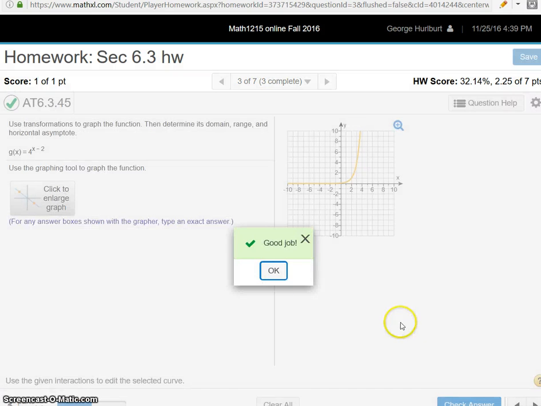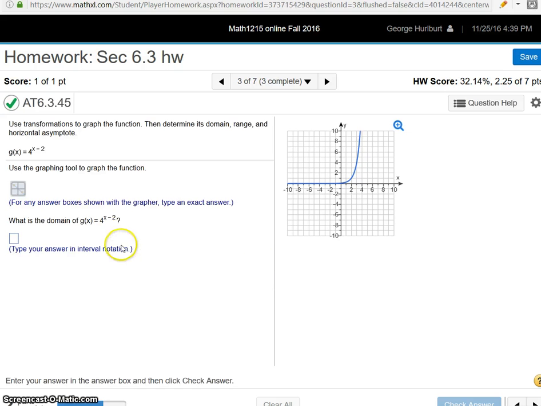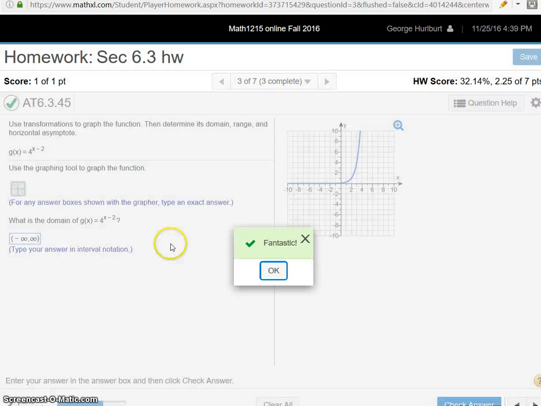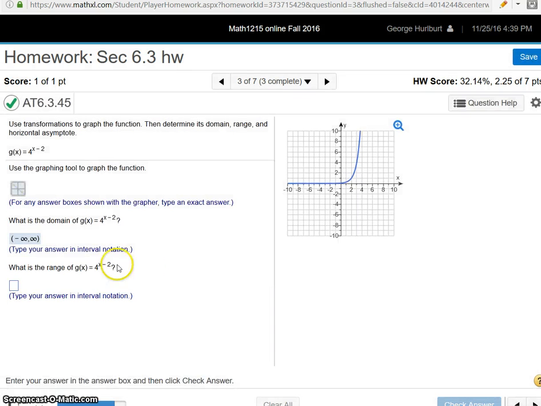Check that answer. All right. And then the rest of this really doesn't change. What is the domain? The domain of an exponential function is always negative infinity to positive infinity. The range, well, this looks like it gets really, really close to 0 but never touches 0.